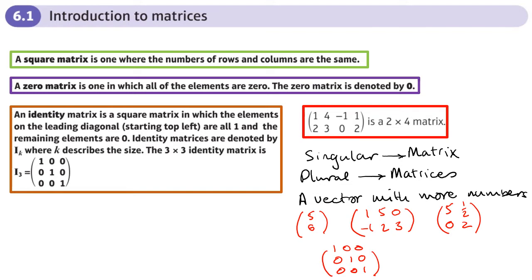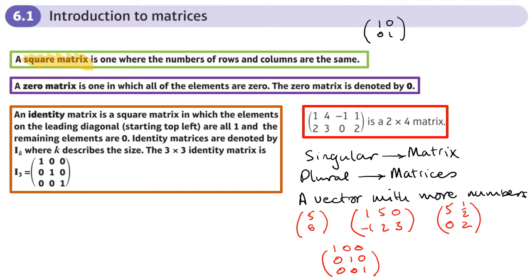Now, we need to know some terminology with matrices, because we're going to be doing all sorts of calculation with them. The first thing is a square matrix. A square matrix is where the number of rows and columns is the same. So here's a square matrix, 1, 0, 0, 1.